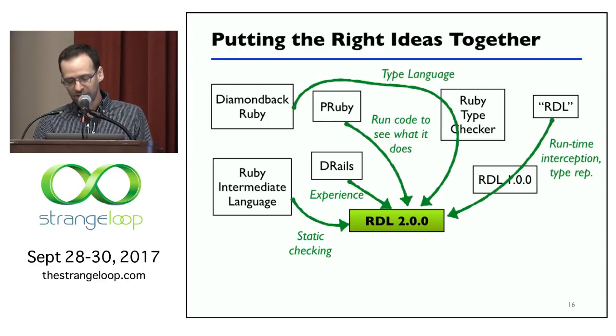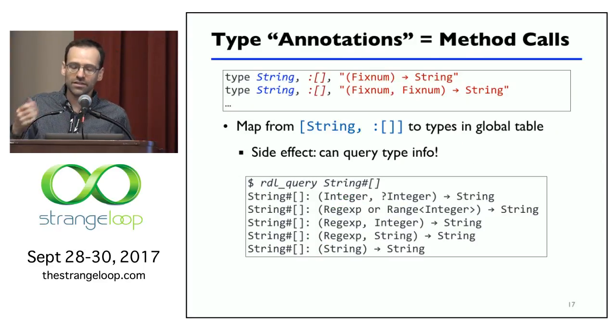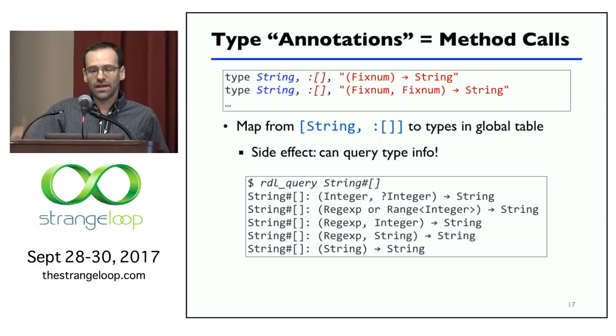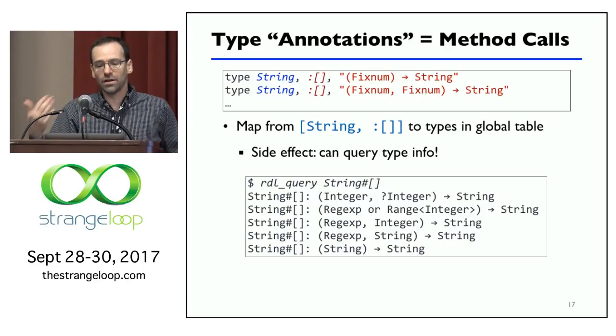All right, so what's the idea that I think was great coming out of this? It combines two things. The first is that the type annotation I showed is really just a method call. I didn't put parentheses around it because you don't have to in Ruby, but it's just a method call at runtime.